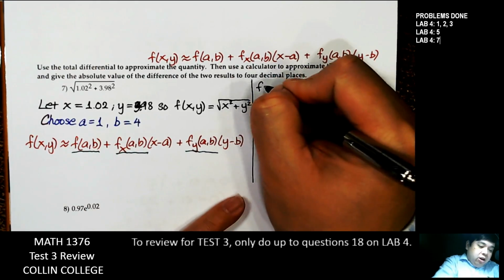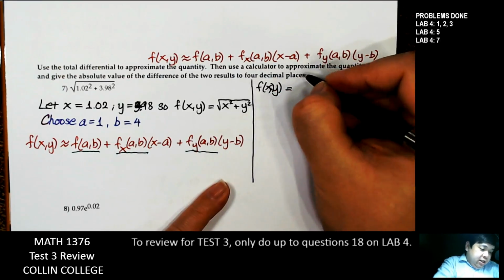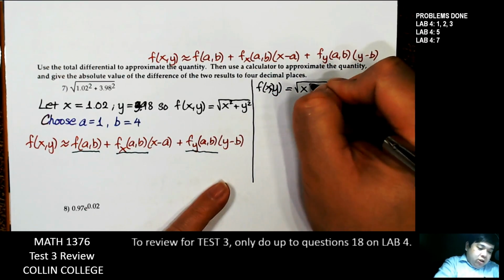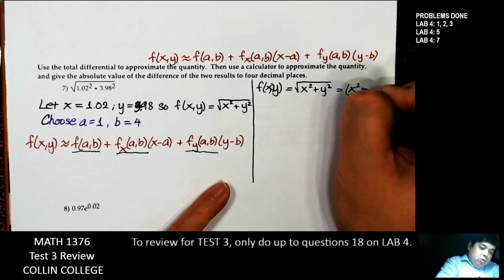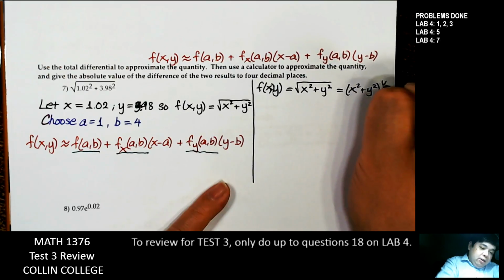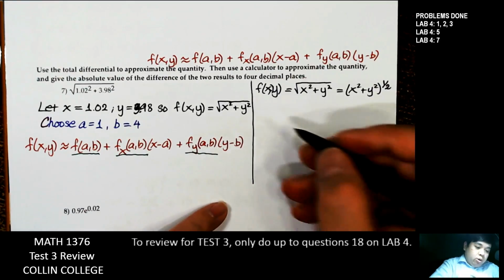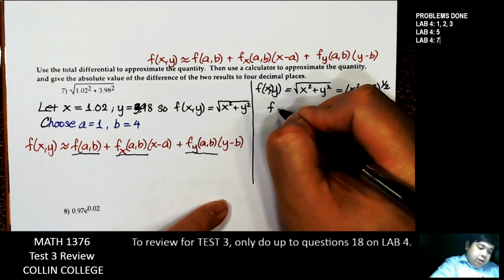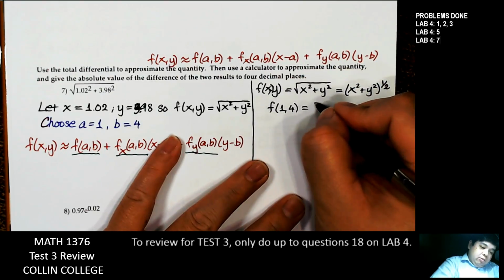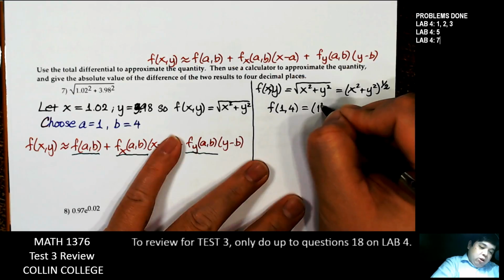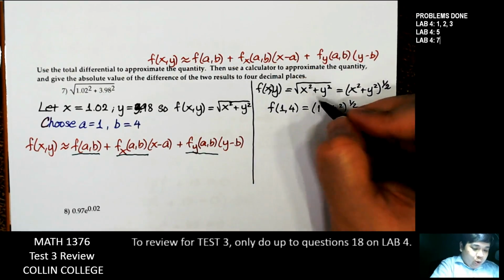Now originally the function is square root of x squared plus y squared, or x squared plus y squared to the 1/2. If we evaluate at 1 and 4, it will be 1 squared plus 4 squared to the 1/2, or square root of 17.